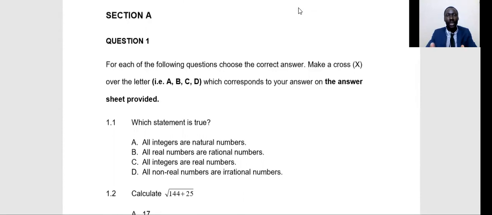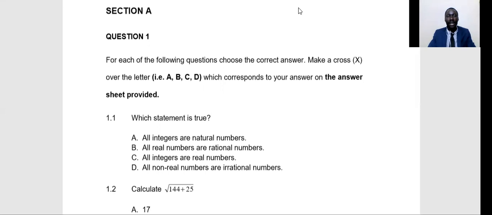These questions have multiple choices. You can choose the first one, A, if it's the correct one according to you, or the second one, B, or the third one, C, or the other one, D. For each choice that you make, you put a mark, you make a cross over the letter that you have chosen.